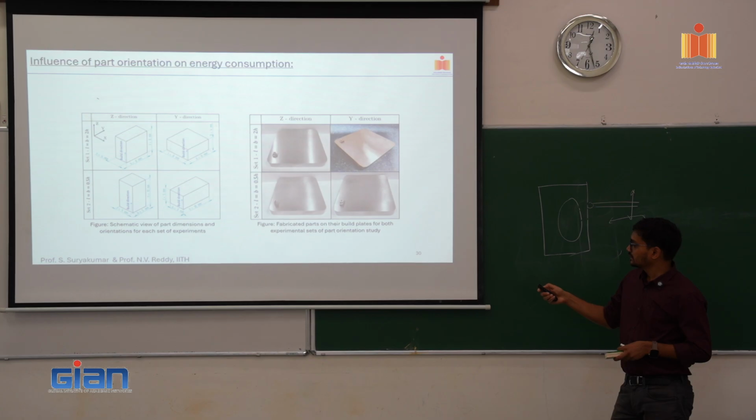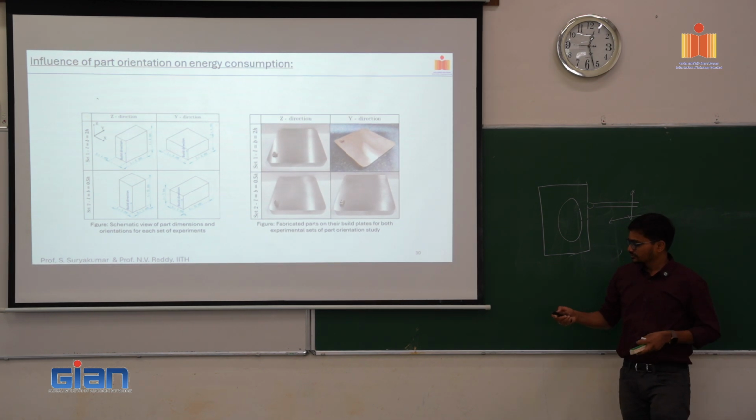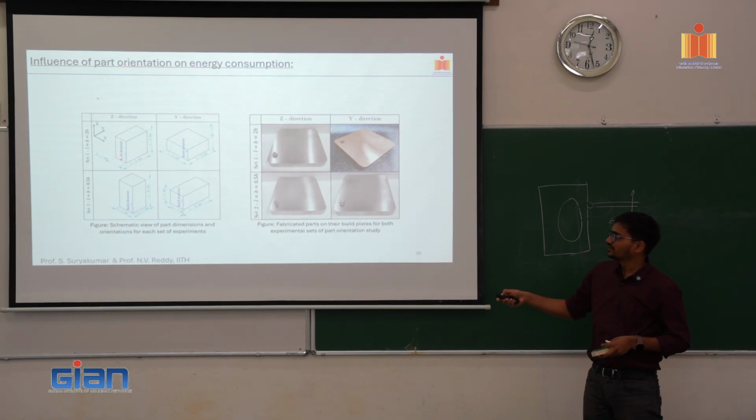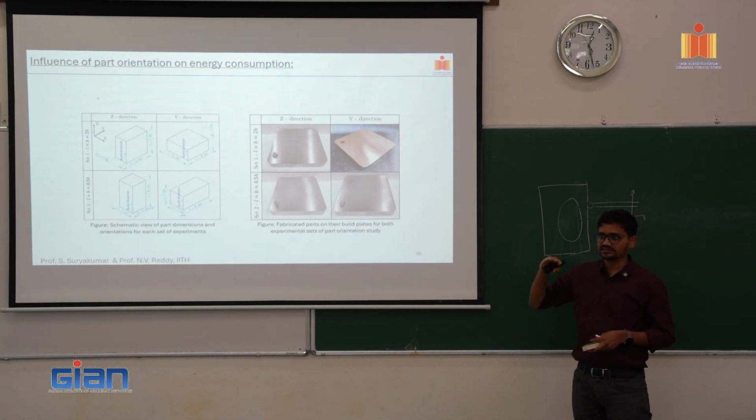Now the same component, you make it in the Z direction or in the Y direction. When you make it in the Z direction, this will have many more layers. When you make it in the Y direction, you have fewer layers.